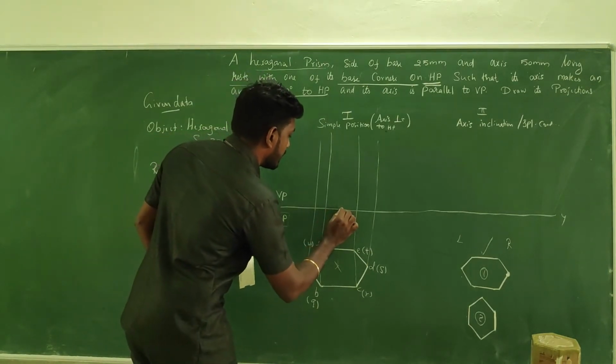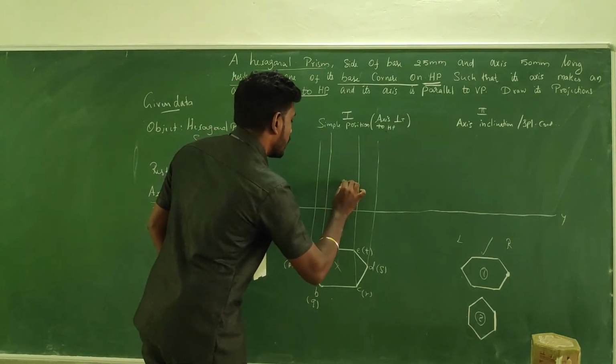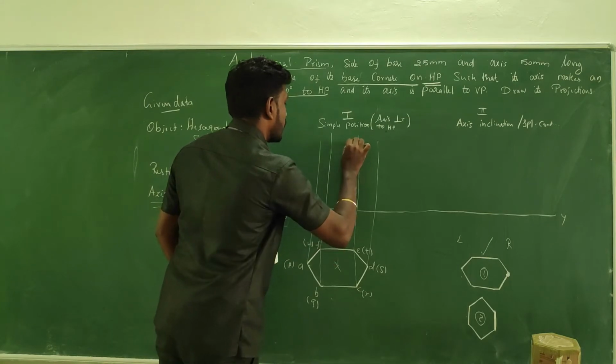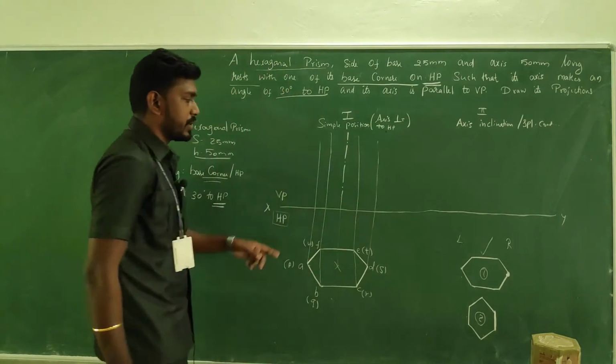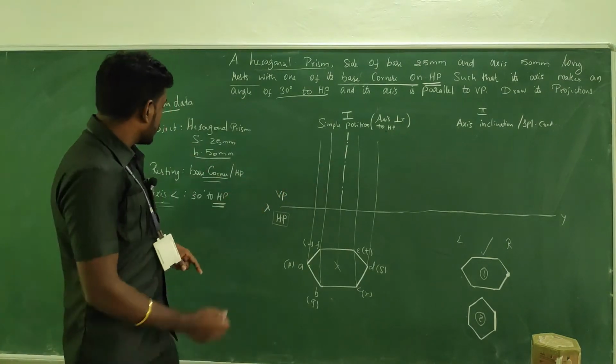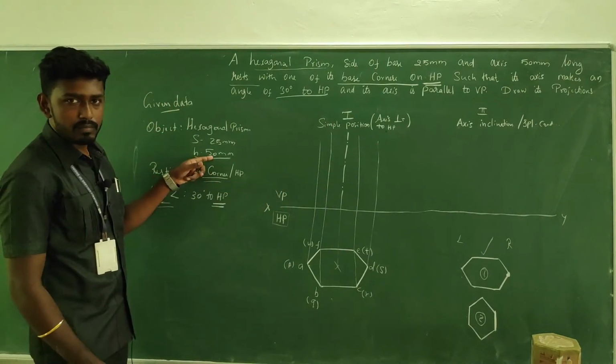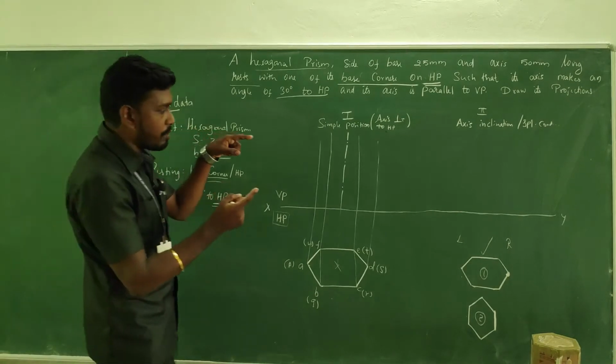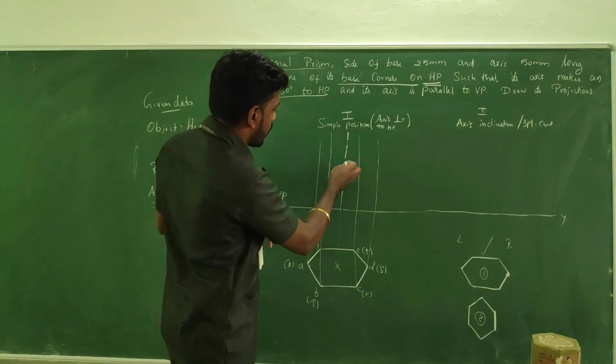So this is the center. What you can do is take a long dash line or long dot line. This is meant for the center line. Now this axis is 50 mm. So take 50 mm in your compass and just go for a cut mark.